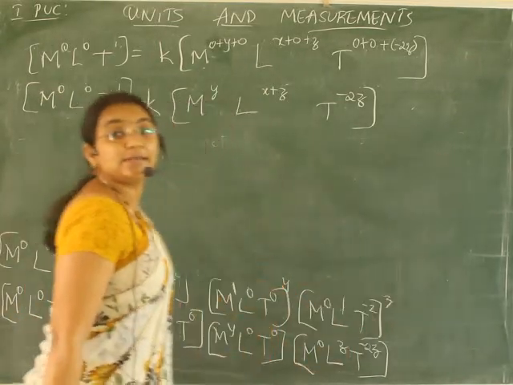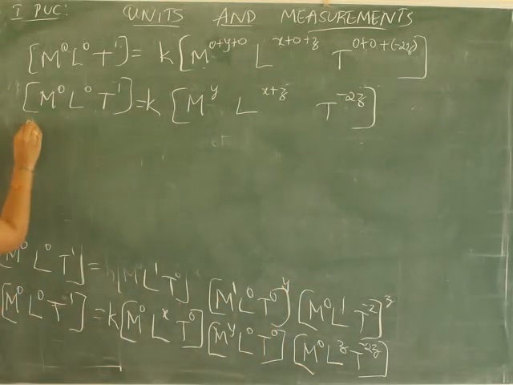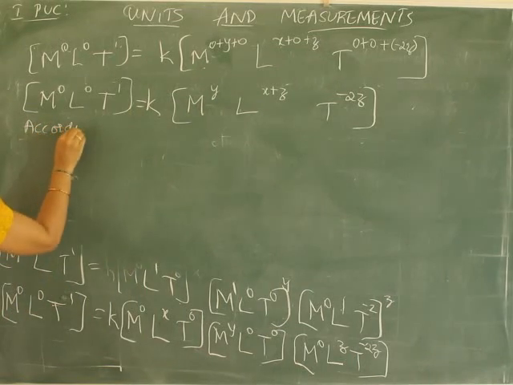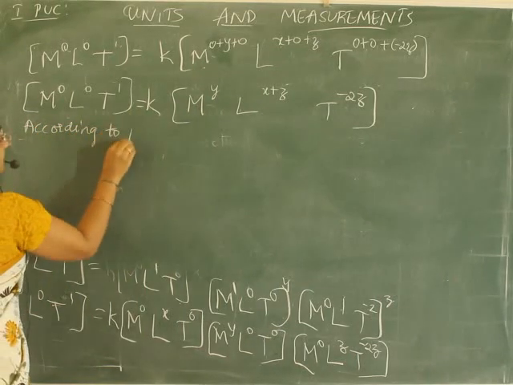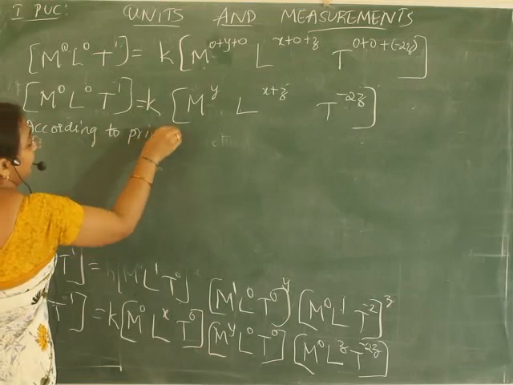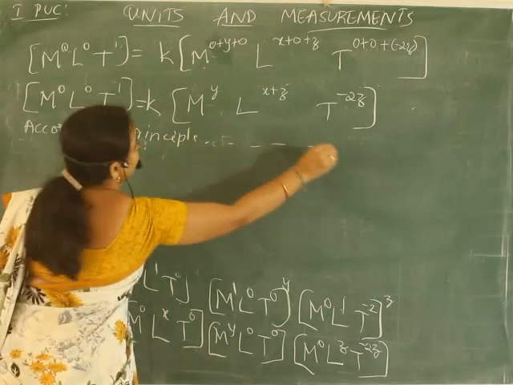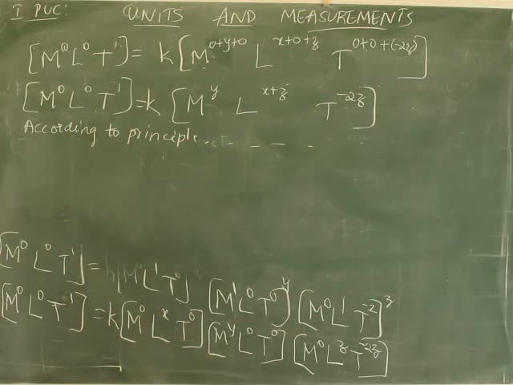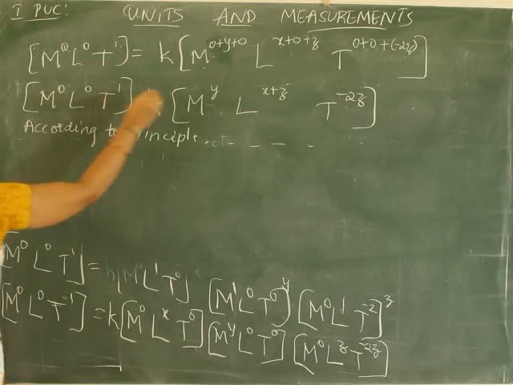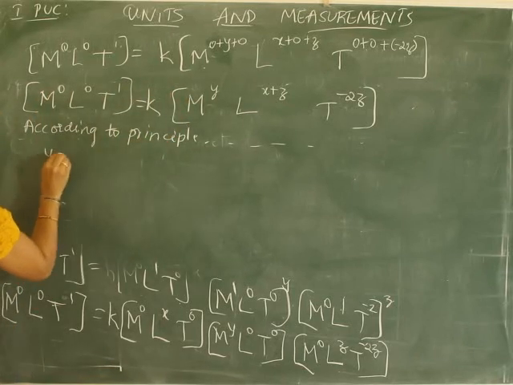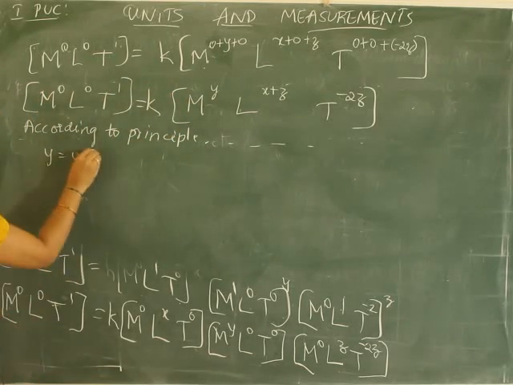Now shall we use that principle of homogeneity? Can I use that principle? Now you write down: according to the principle of homogeneity, write that full sentence. Now I can say, see here, y is equal to 0, correct?